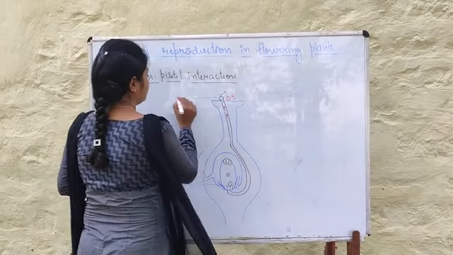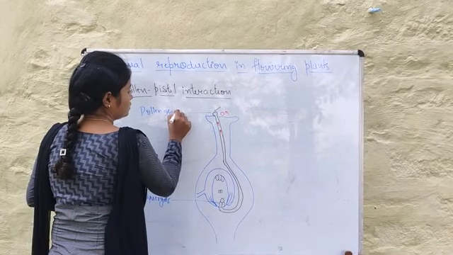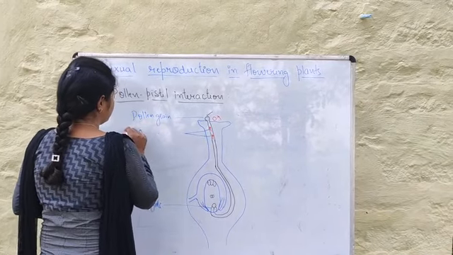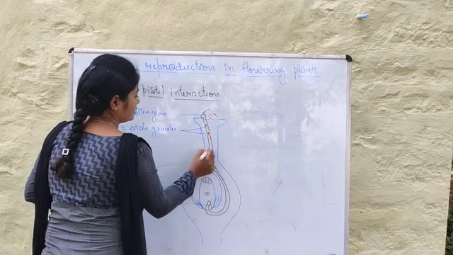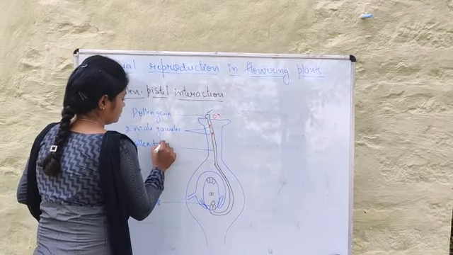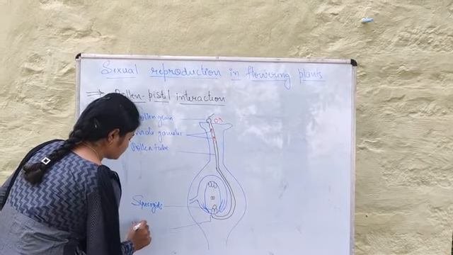This is a pollen grain. These are the 2 male gametes. This is a pollen tube. This part is the micropyle.